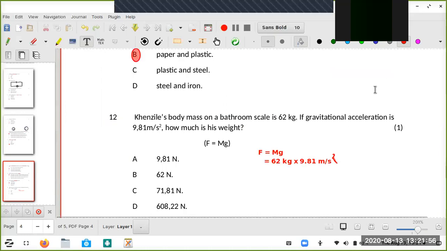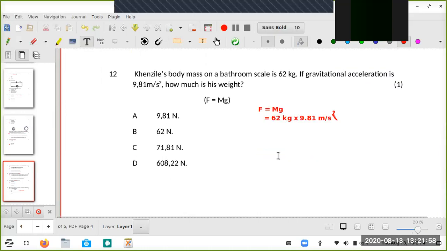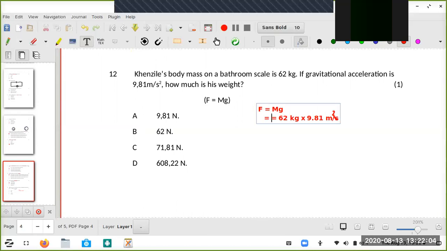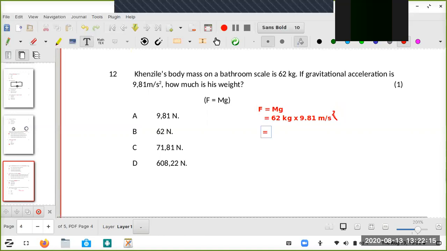Right, so it's 62 kgs multiplied by 9.81 per square second. So using a calculator, we are going to come up with what? 62 multiplied by 9.81. You come up with 608.22.